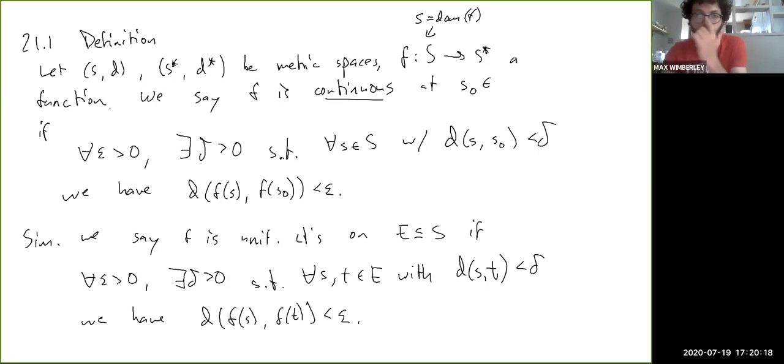All right, so as you can see, we've systematically followed this pattern of taking the definitions we had before and replacing the Euclidean metric with a generic metric, ending up with a definition that applies to functions between two arbitrary metric spaces.